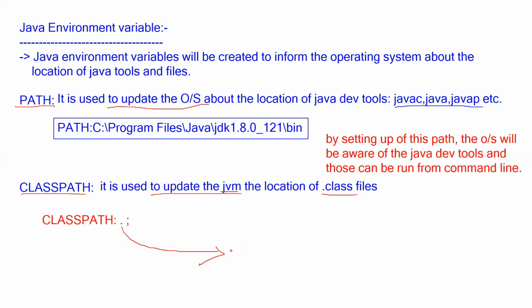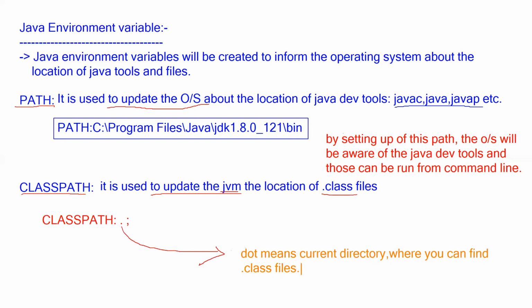Dot means the current directory where you can find .class files.